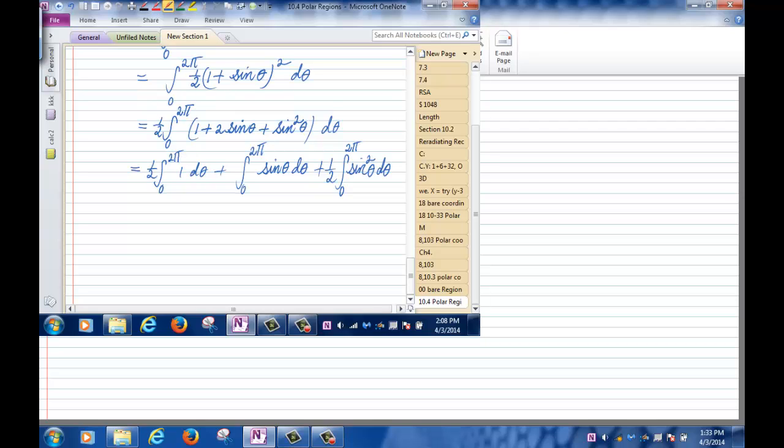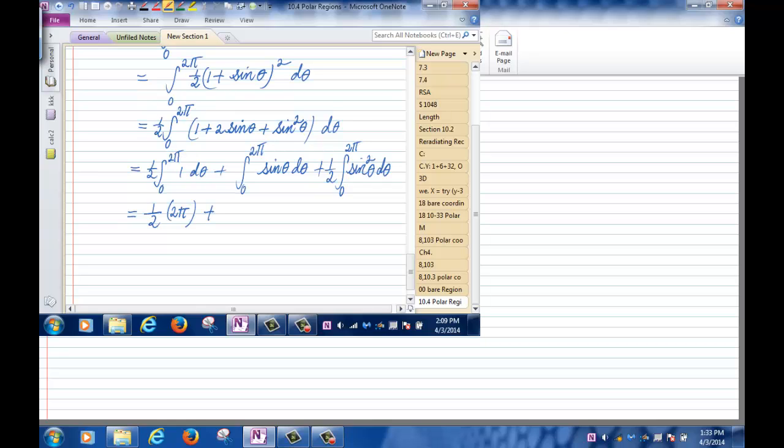Now, well, the first one is pretty easy, right? It will be half times the integral of 1, which is theta, right? So you'll be evaluating theta at 2 pi and 0 and subtracting. So wouldn't you get just pi at the end?